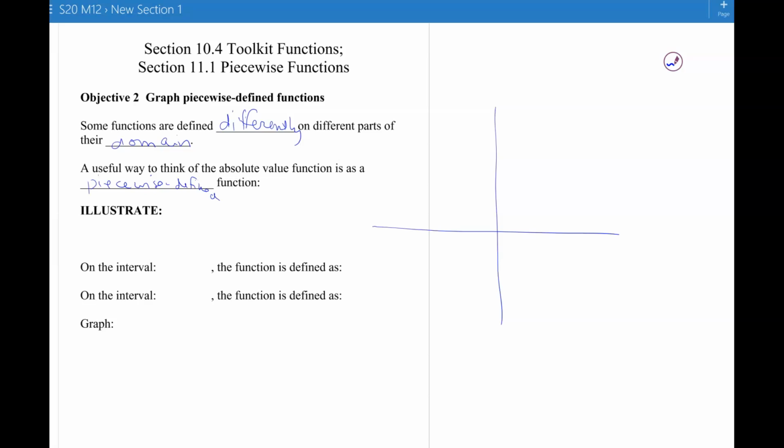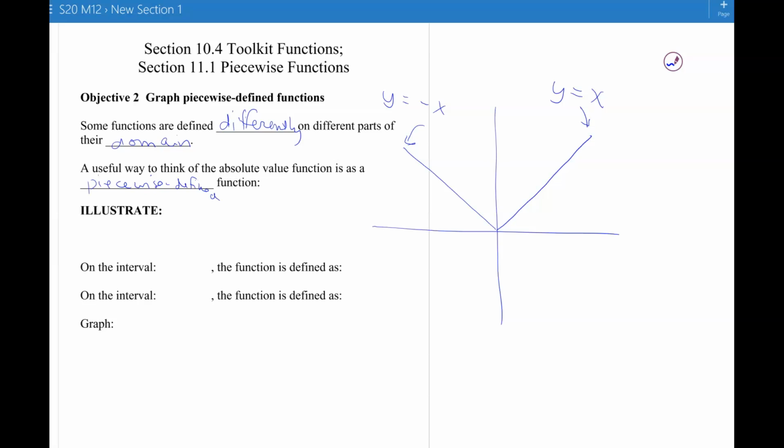So here's our absolute value function. Think about that. This is a piece of the line y equals negative x, and this is a piece of the line y equals x. So the function changes its definition at x equals 0.